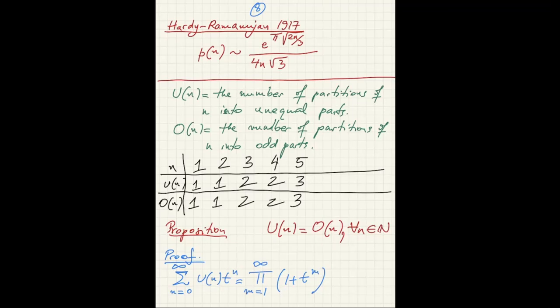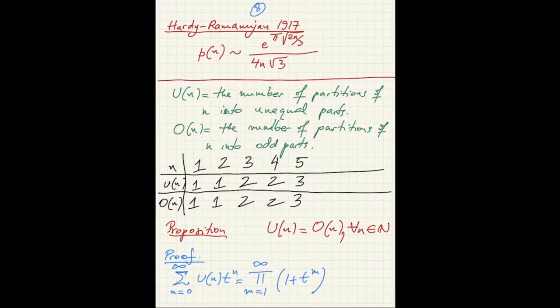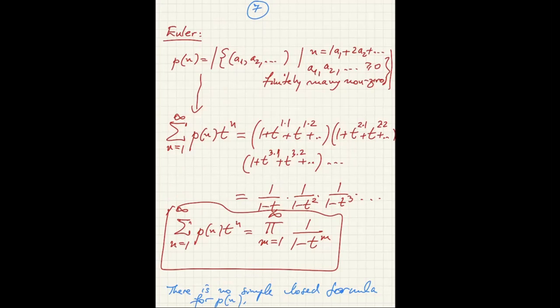So okay, that's one part. What about the other generating function? If we look at the summation from n equals 0 to infinity of on t to the n, this one is a decomposition into odd parts. So we'll do something similar to what we did here.